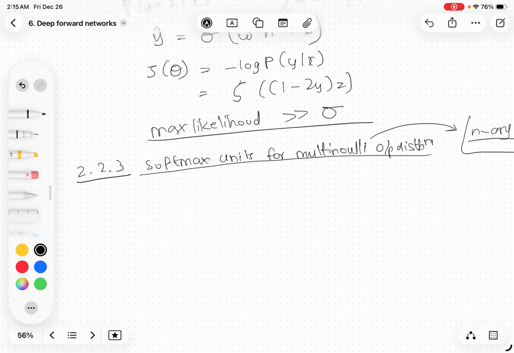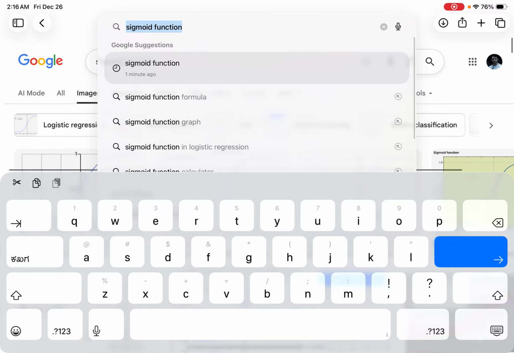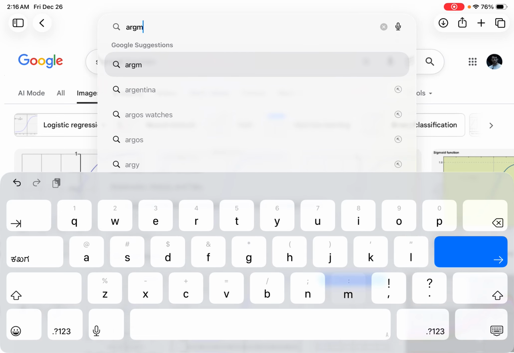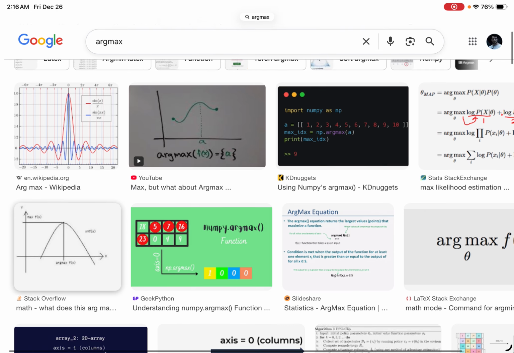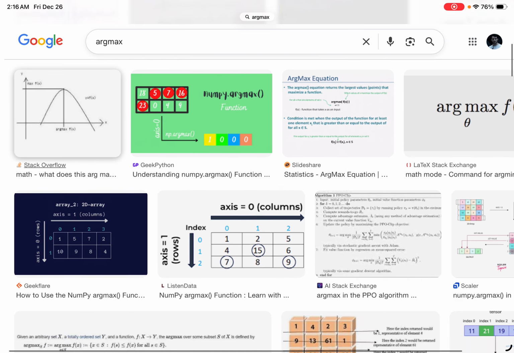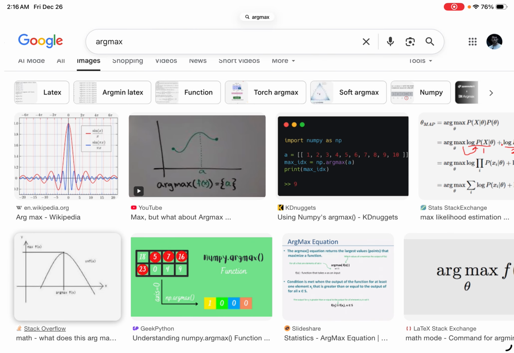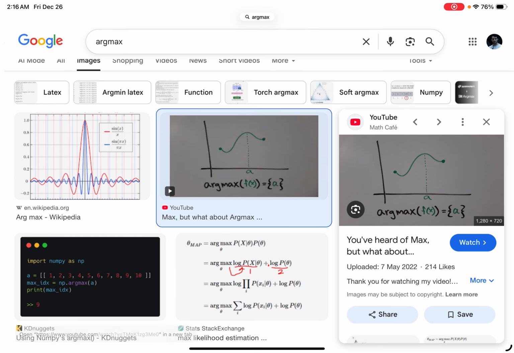Softmax is kind of like argmax, but it's better. Argmax, if you know, just maximizes the argument. This is what it will look like. Basically, the input value for which the output is the highest is your argmax.